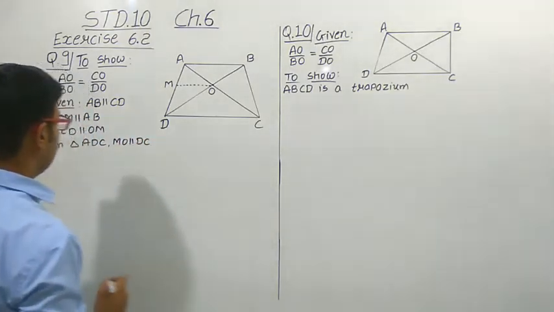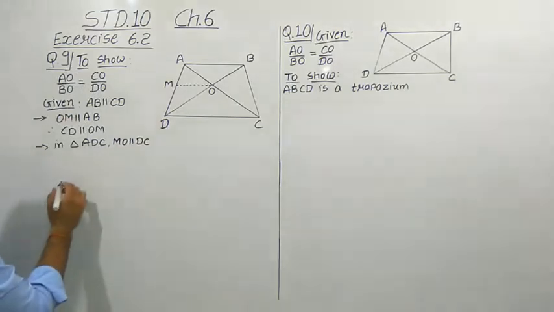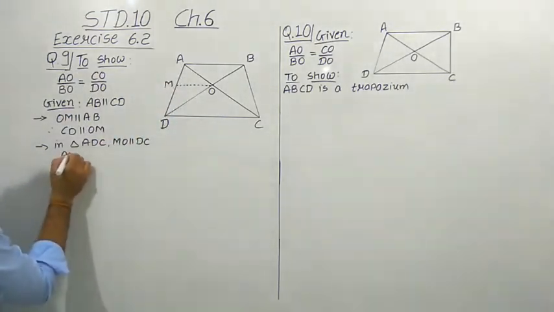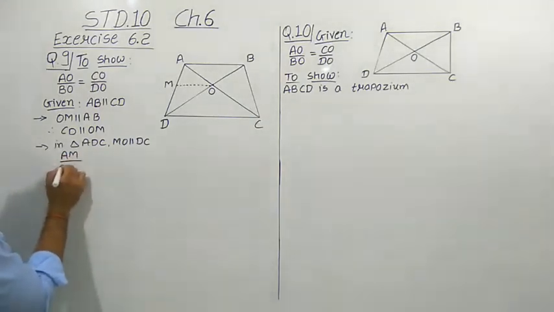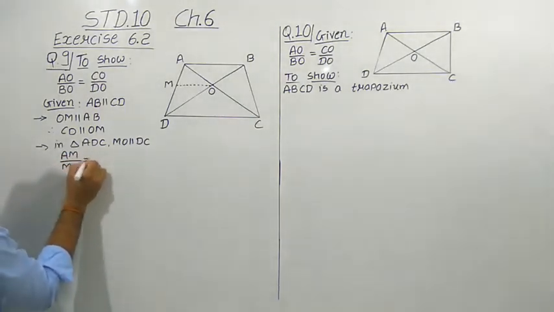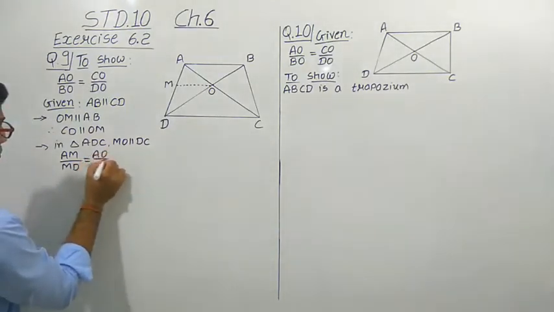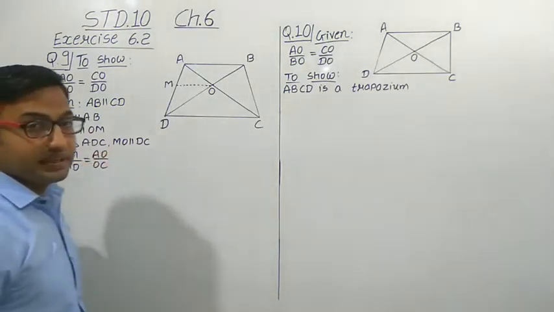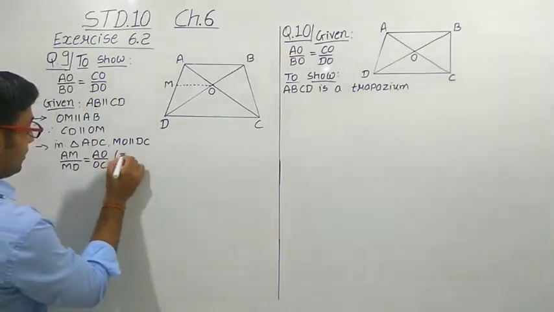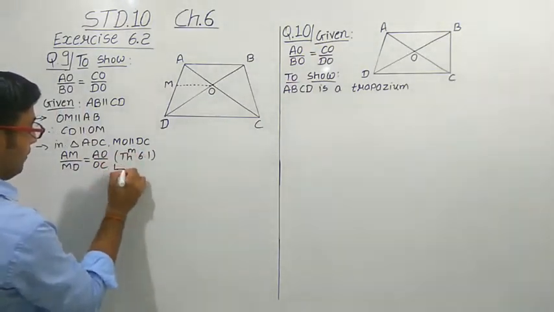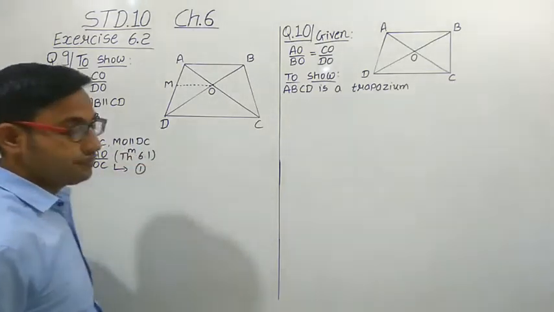According to theorem 6.1, we can write AM upon MD is equal to AO upon OC. Right? According to theorem 6.1. Give it equation number 1.